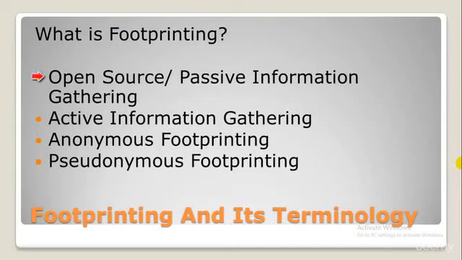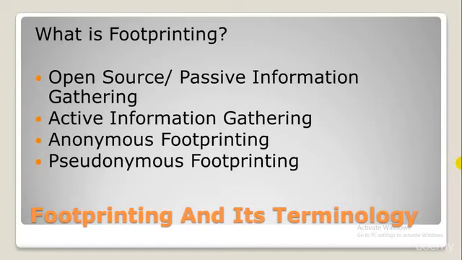Open source or passive information gathering is the first one. Open source or passive information gathering, PIG, that's what I call it. It is the easiest way to collect information about the target organization. It refers to the process of gathering information from open or publicly available sources such as newspapers, television, social networking sites like Facebook, Twitter, Orkut, or blogs.